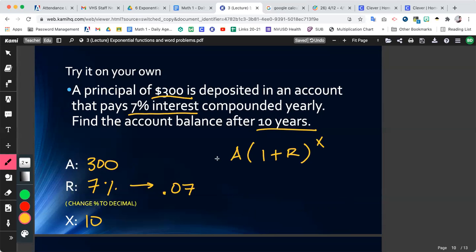Okay, so let's plug in the numbers. A is 300. 1 plus 0.07, because that's our R as a decimal. And then X is 10. So that's what I'm going to plug into my calculator. We started with $300.